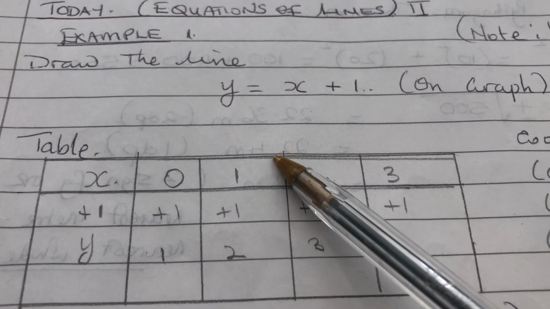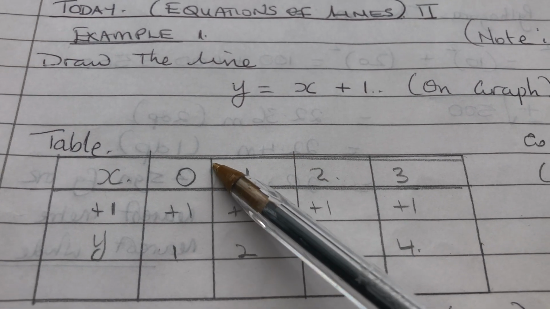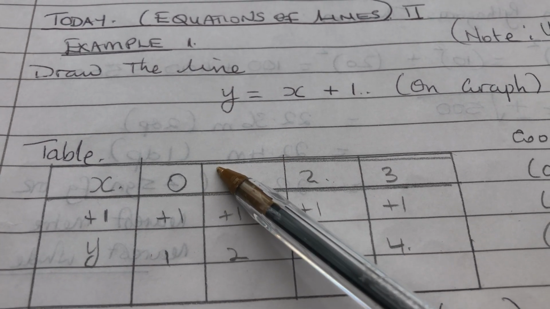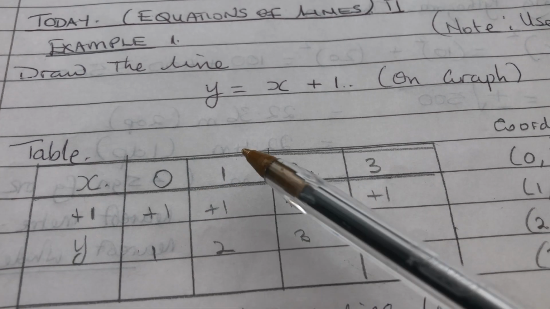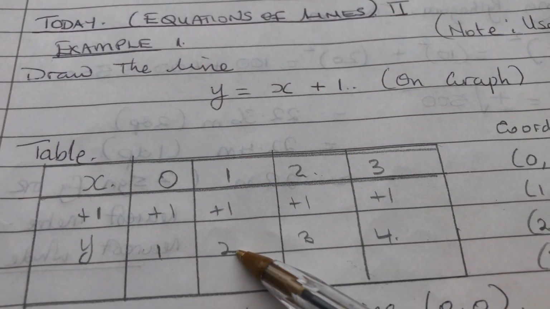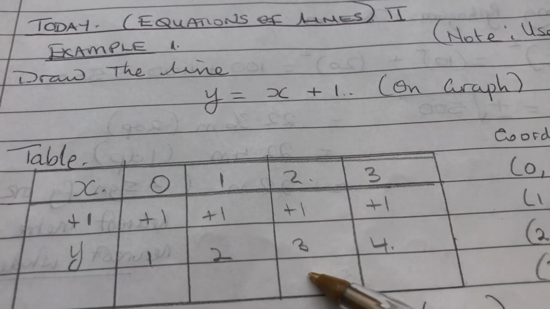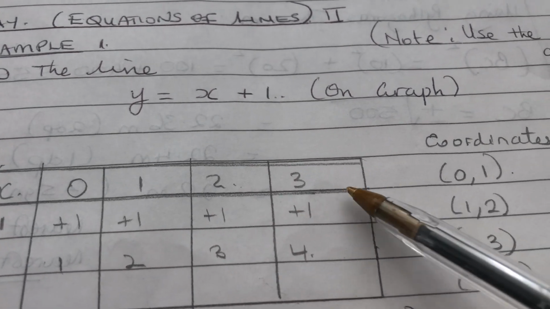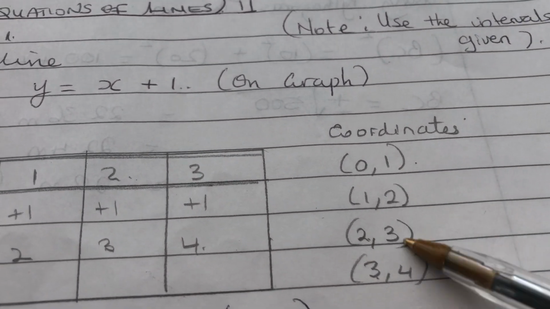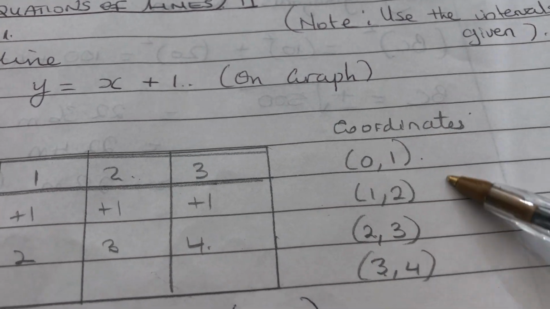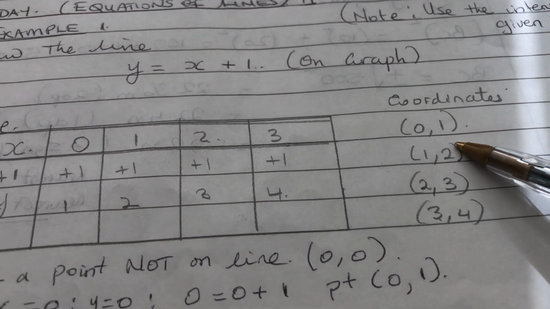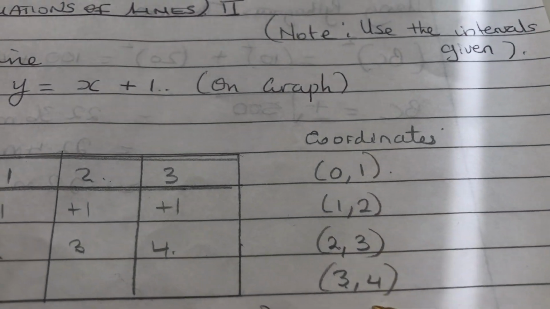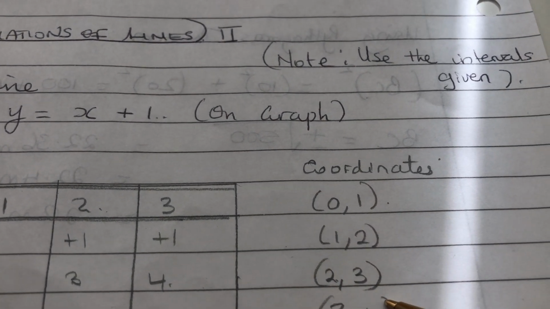So the x coordinates and the y coordinates that I need to plot are (0, 1), (1, 2), (2, 3), and (3, 4). So these are my coordinates here. You remember we did this, so not to be muddled up.